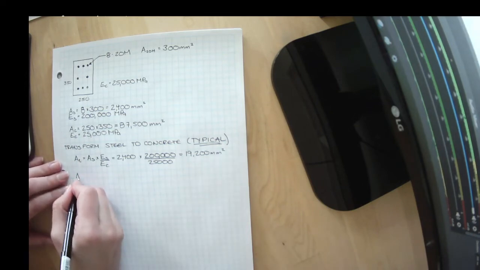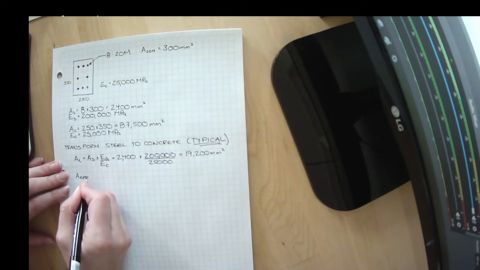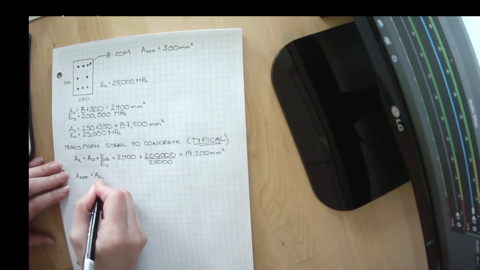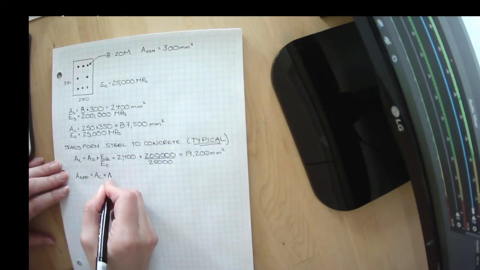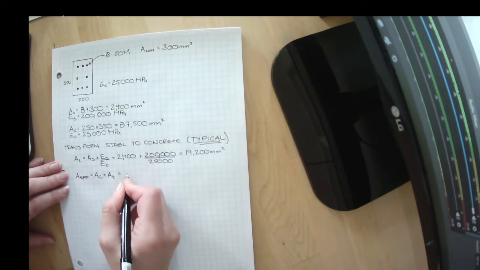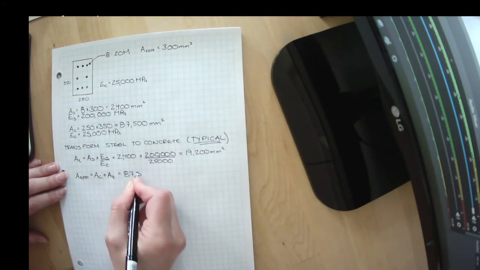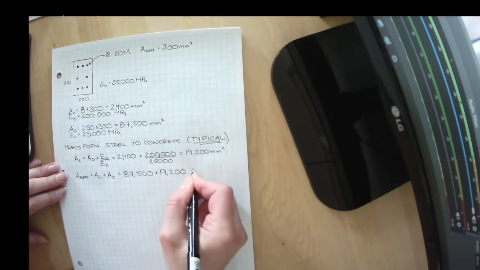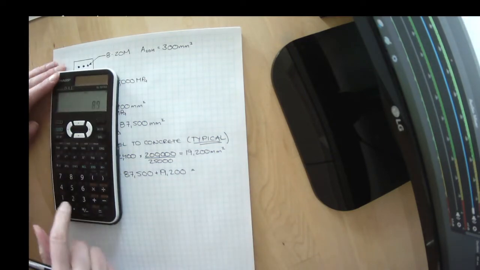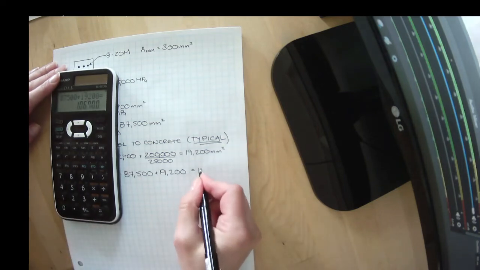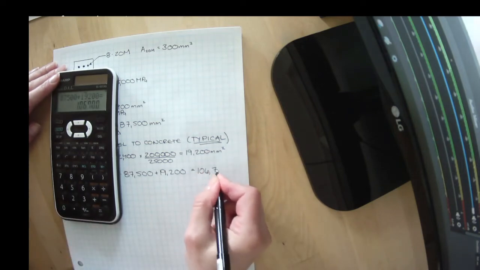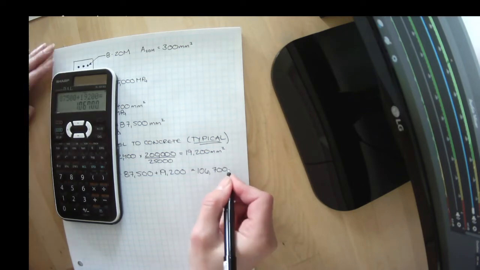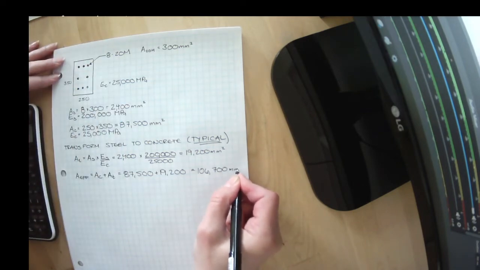So that would give us an effective area of our concrete plus the area of our transformed section, 87,500 plus 19,200, or 106,700 millimeters squared.